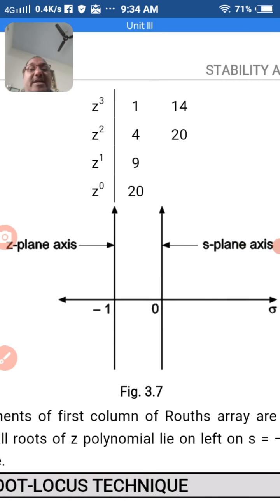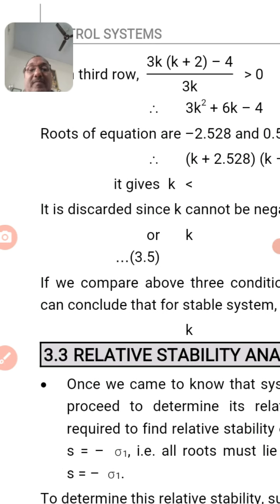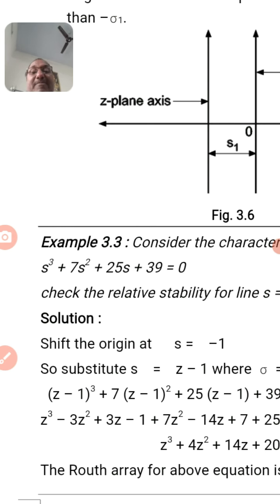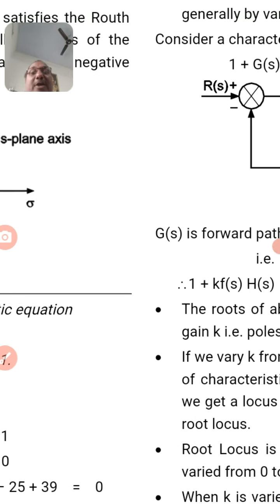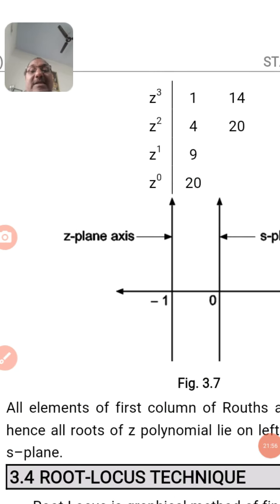That means no doubt the equation of example 3.3 is stable with reference to the S plane, but it is also relatively stable with the Z plane. All poles lie on the left hand side of S is equal to minus 1 or the left hand side of the Z plane axis.